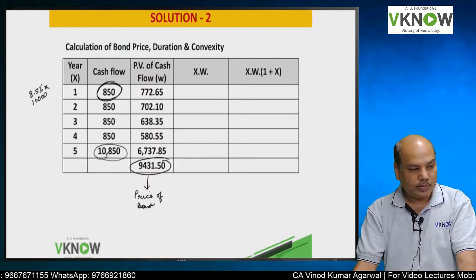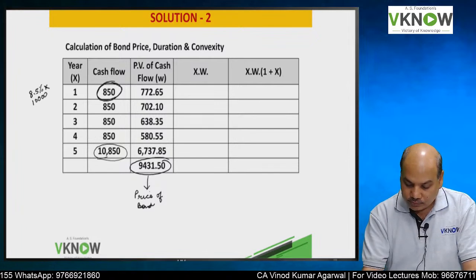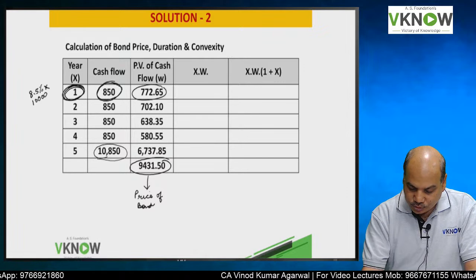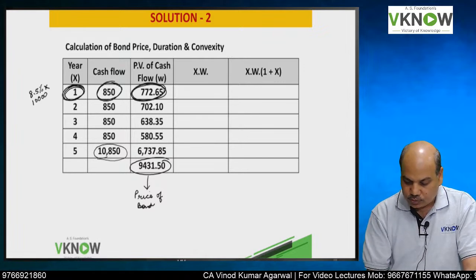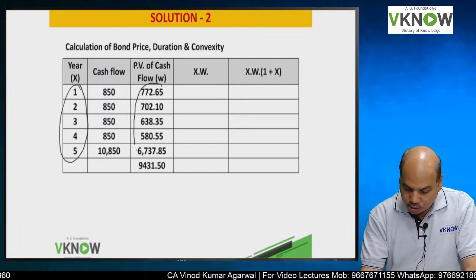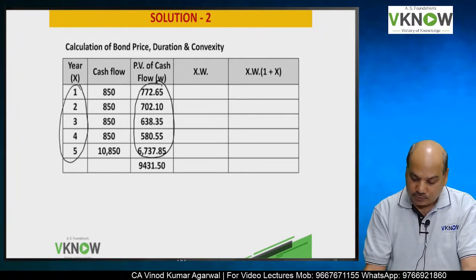Current price of the bond. Now the next task is to find out the duration. For that we'll multiply year into PV of cash flow. For column number 1 and column number 3, you will multiply and use the memory plus function.